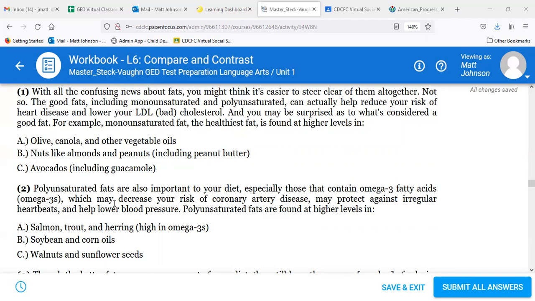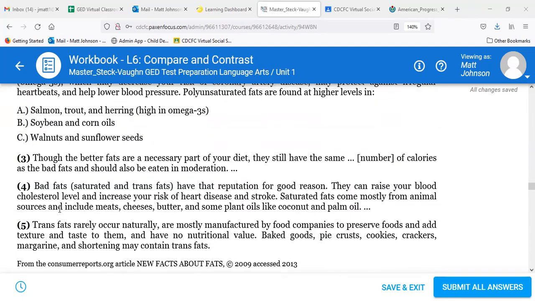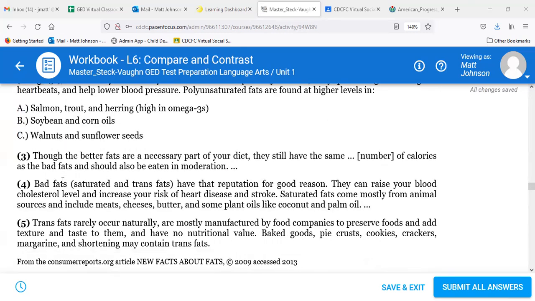Polyunsaturated fats are found at higher levels in salmon, trout, and herring, soybean and corn oils, walnuts, and sunflower seeds. Though the better fats are a necessary part of your diet, they still have the same number of calories as the bad fats and should also be eaten in moderation.